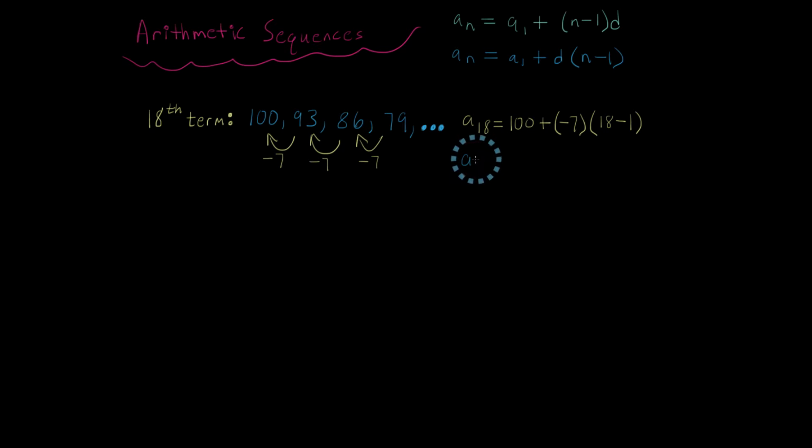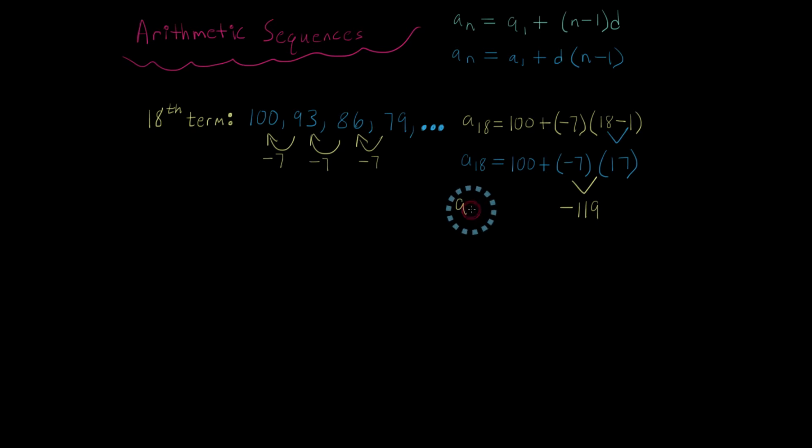So now a sub 18 is equal to, well, I'm going to start out with 18 minus 1, which is 17. So we have 100 plus negative 7 times 17. Negative 7 times 17 will give a value of negative 119.